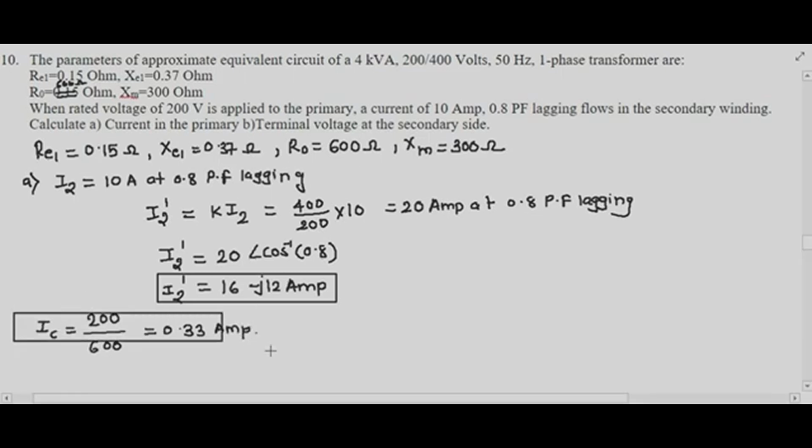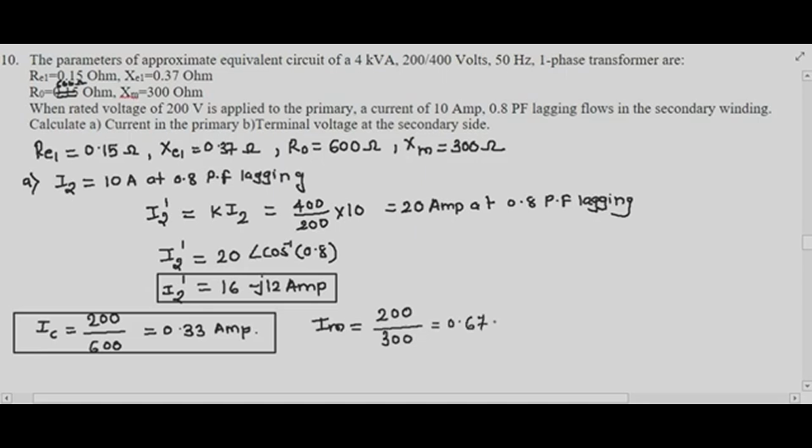Similarly, we can find out IM. What is IM? IM is equal to voltage impressed across primary divided by your XM. What is XM given? 300. This is the imaginary component of your no load current. So it is equal to 0.67 ampere.